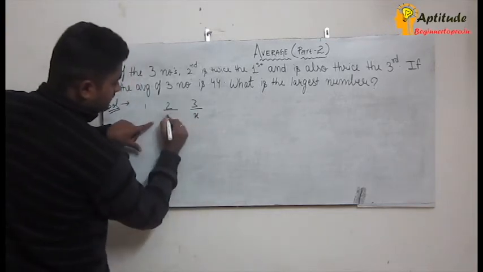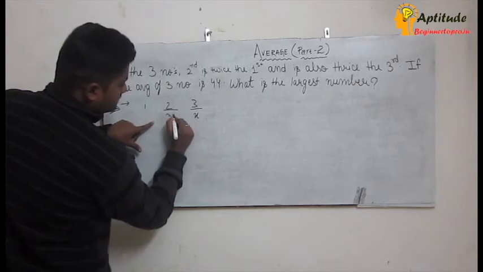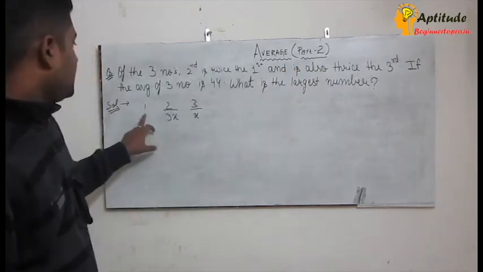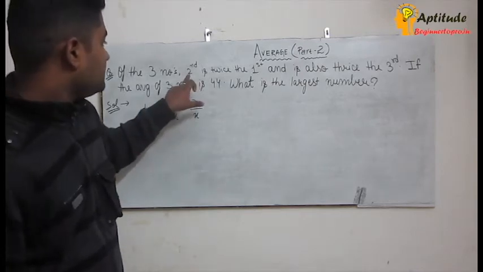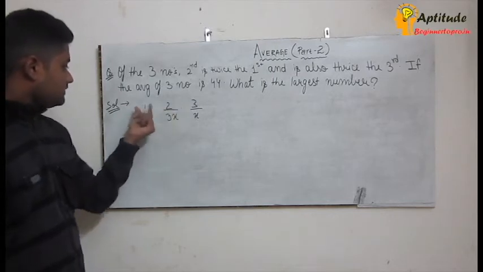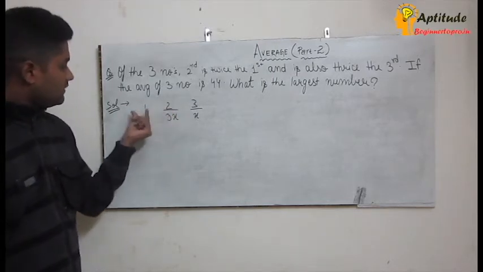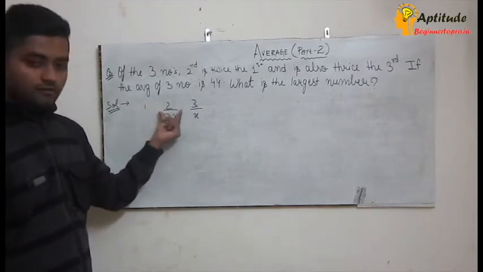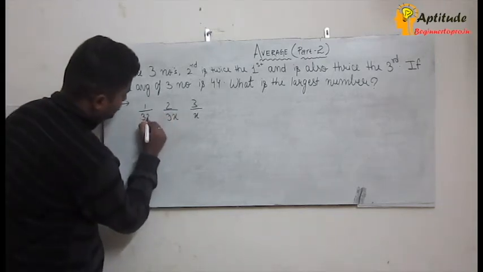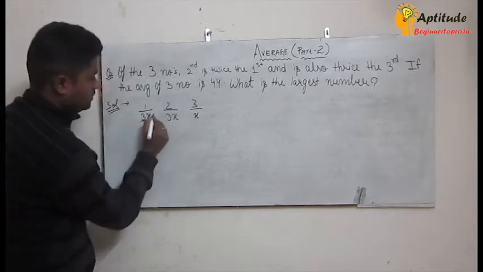The second number will be thrice of x. And the question also says that the second number is twice the first. If the second number is twice the first, then we can say that the first number is half of the second, means the first number will be 3x by 2.